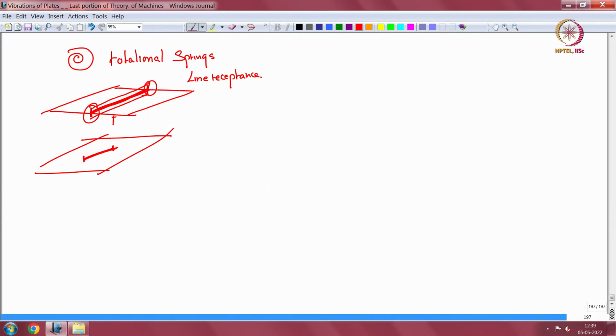Then you can have line moment connections. You have two plates, they are connected through rotation over the entire edge. That can be done.